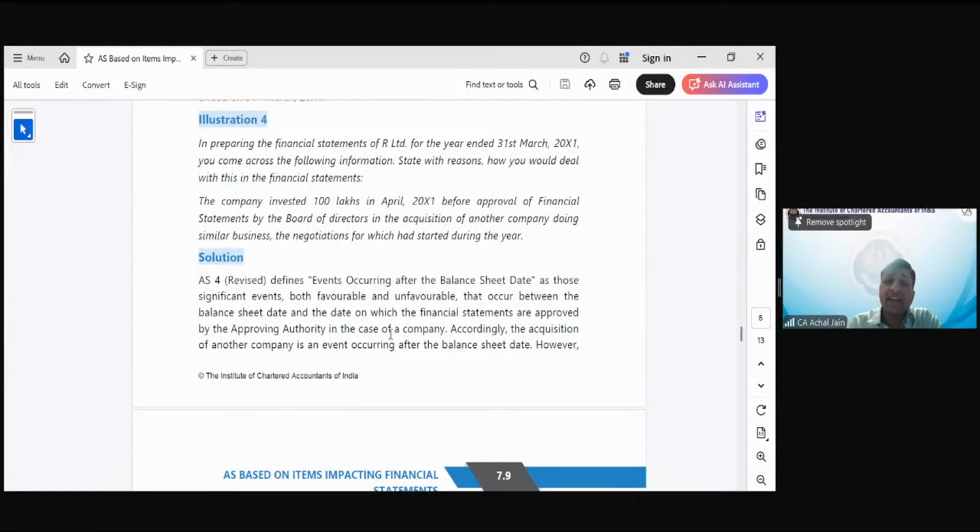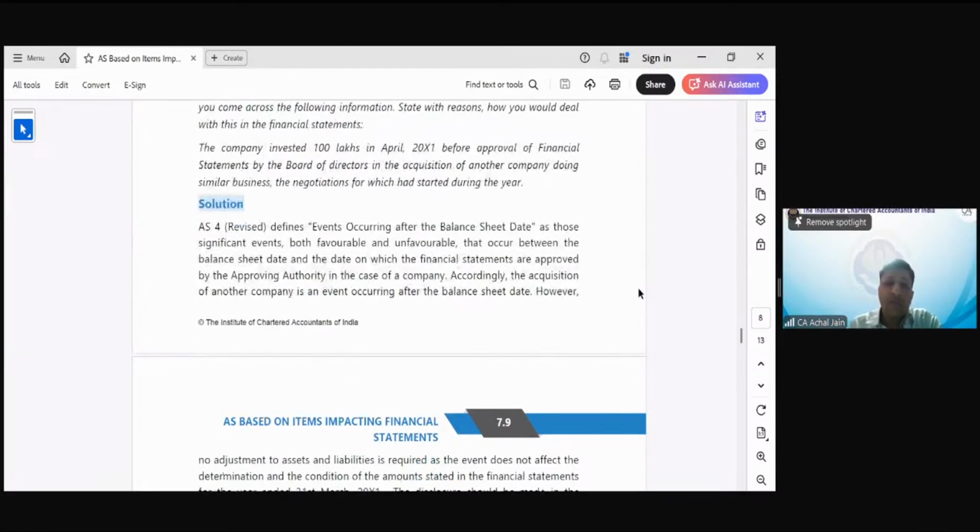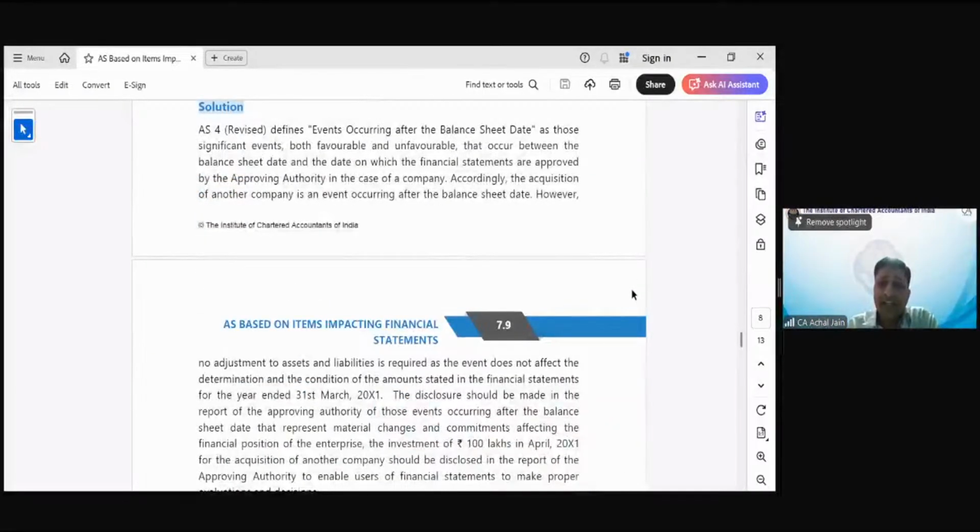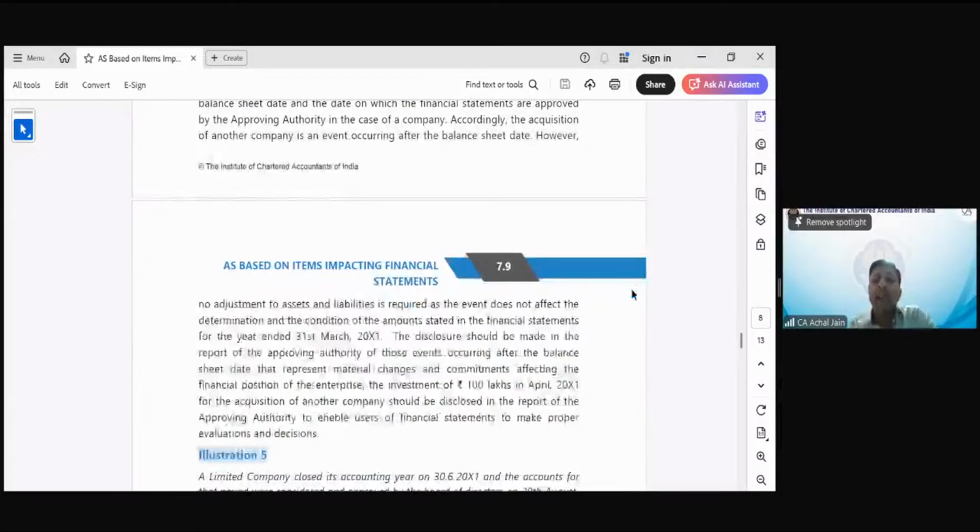Acquisition of another company is an event occurring after the balance sheet date. However, no adjustment is required. Why? Because the event doesn't affect the determination and condition of the amount stated in the financial statements for the reporting year. However, disclosure will be required.